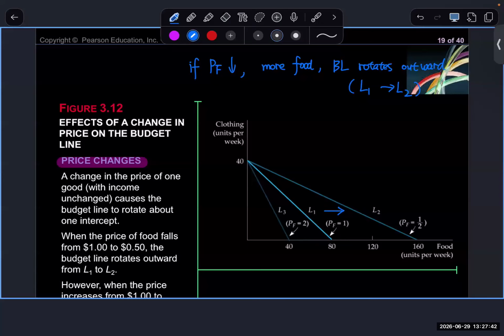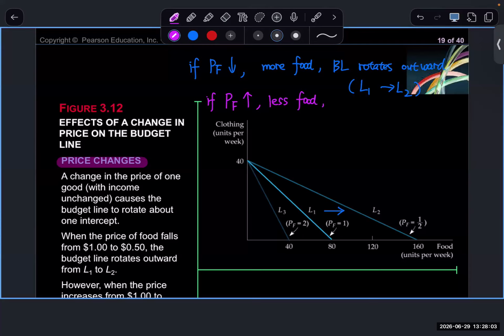It rotates, okay, rotates. Another case, if the price of food increases, that means with your income, you can buy less food. So the budget line rotates inwards, right?